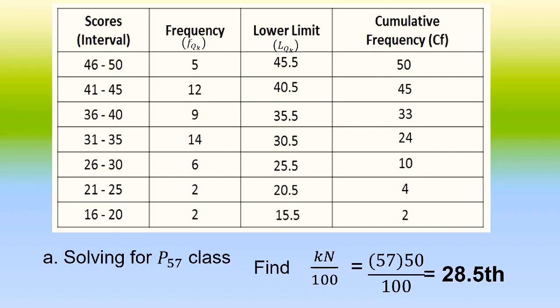After we have identified the 57th percentile class, time for us to locate the position of this with respect to the cumulative frequency column. Make sure that the value of the cumulative frequency of the said class must be greater than or equal to the value of the 57th percentile class. And that is the value 36 to 40.